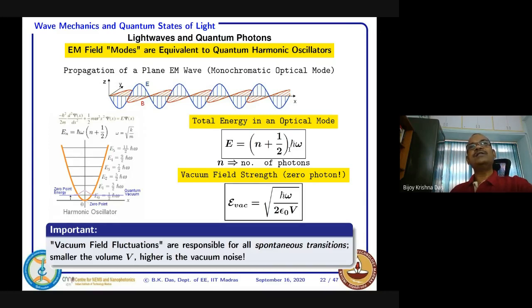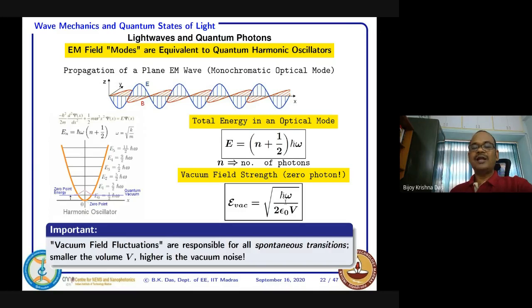So if energy is known, then you can find out at least the strength of the electric field and magnetic field. Now you convert this energy back into an electric field, and we call that electric field E vacuum. That is a field, this italic E, the vacuum field.